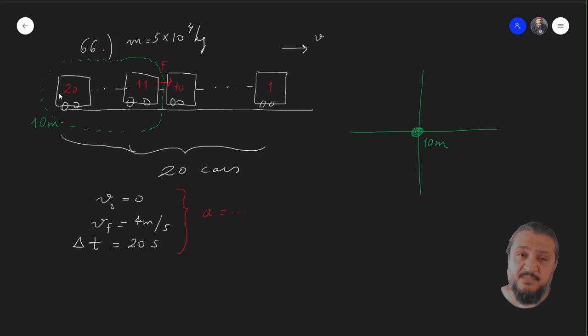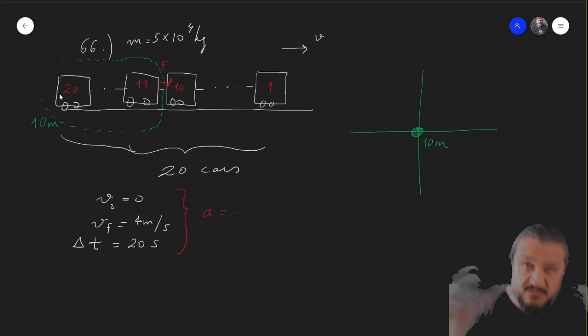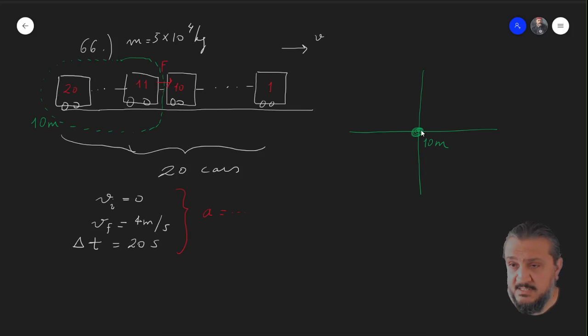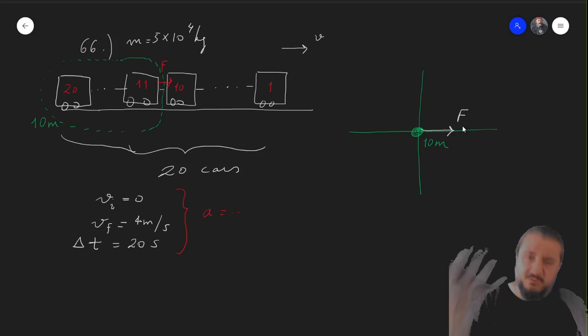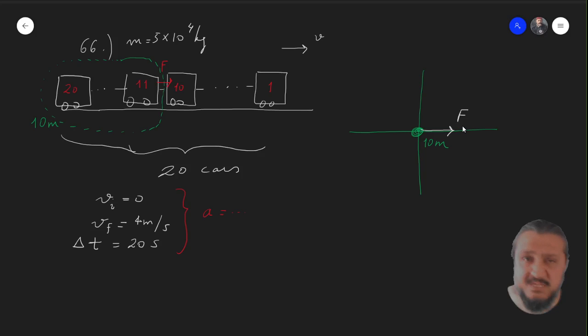If I only consider external forces on the system, I only have F, which is to the right. Of course there's the weight and there's the normal force, but as you saw in the previous example, they did not matter when I tried to find the horizontal forces.